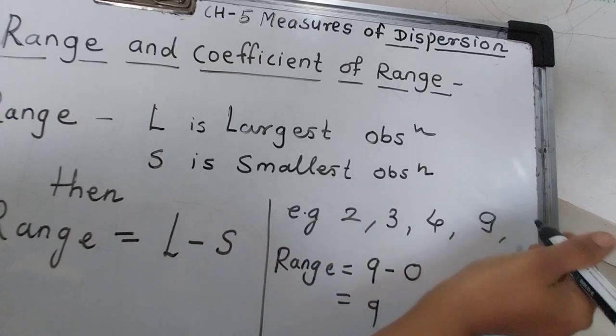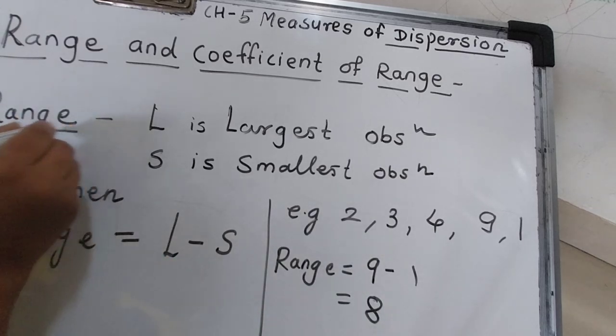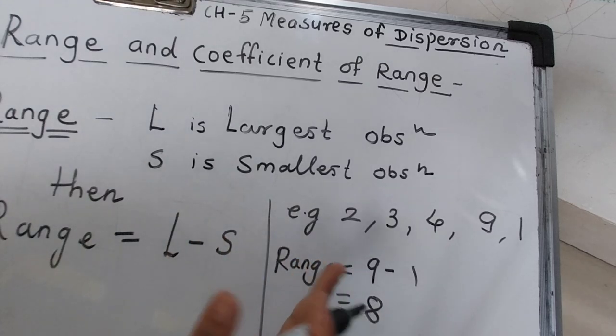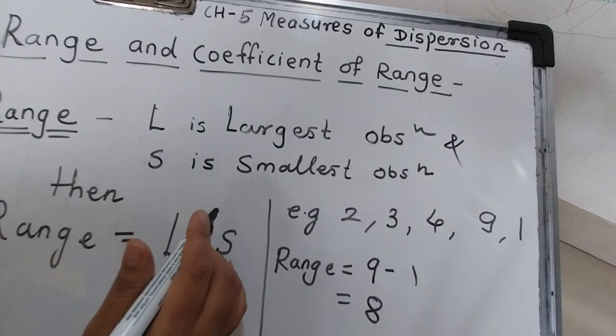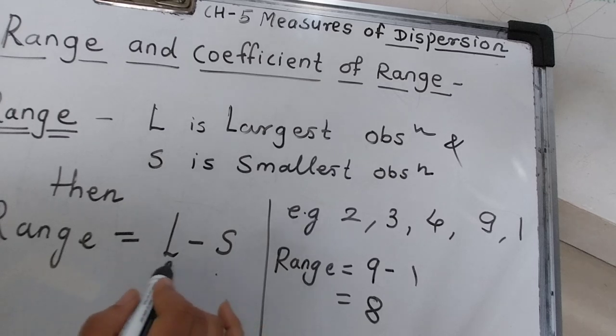Okay, we can take here 1, so 9 minus 1 is 8. So the range is 8. What is the definition? If L is the largest observation and S is the smallest observation, then the range is the difference L minus S. Understood?